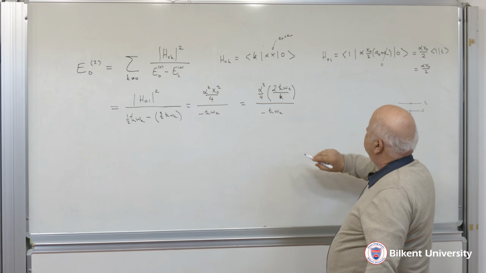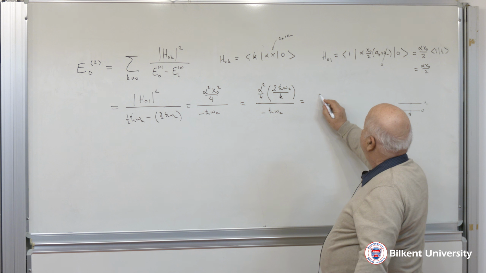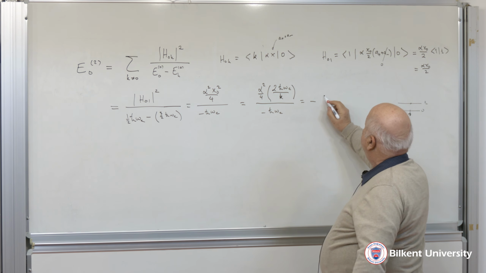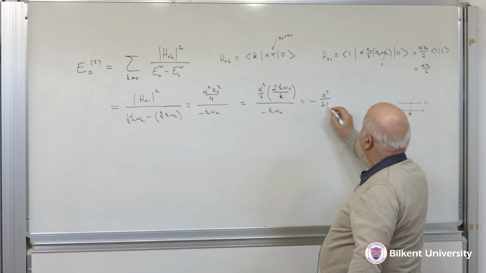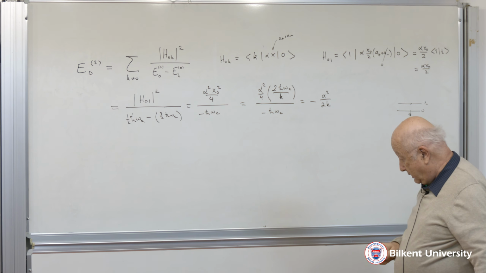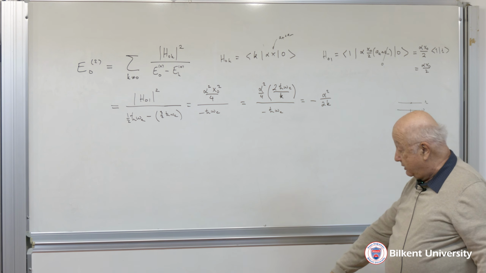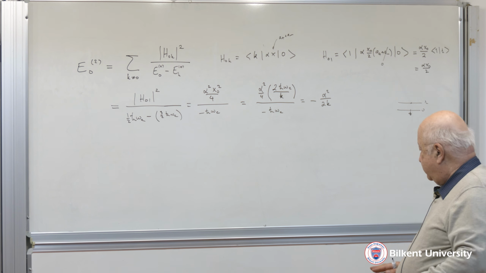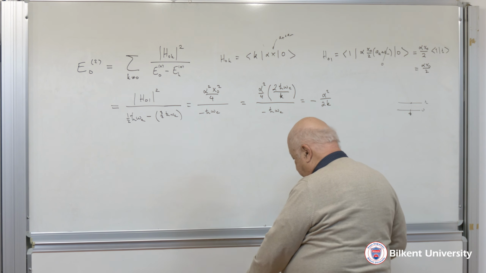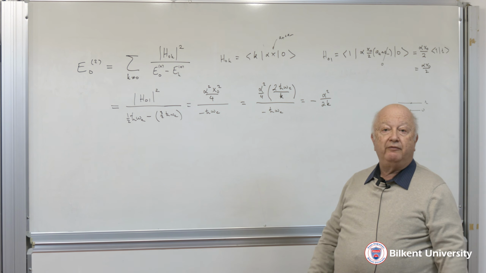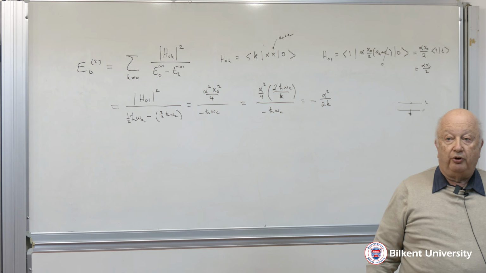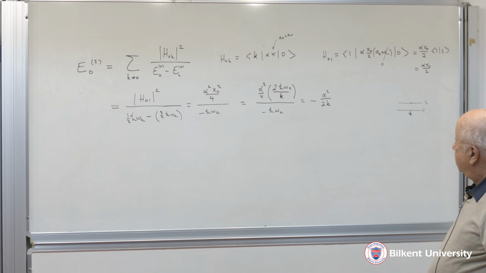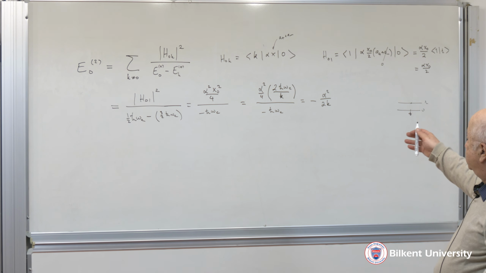So the omega c's will cancel, and I'm going to get minus alpha squared over 2k. And in fact, it's exactly what we have down there for the exact shift in the energy.